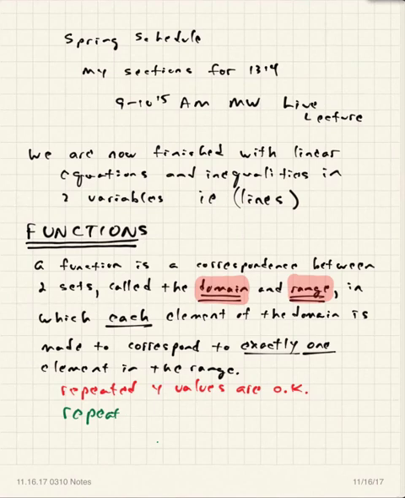Repeated x values are not okay, right? If you have repeated y values, you still have a function, but if you have repeated x values, you do not have a function. You have a relationship, but it is not a function. It doesn't satisfy the definition for a function because you have a domain that gets assigned to multiple ranges.